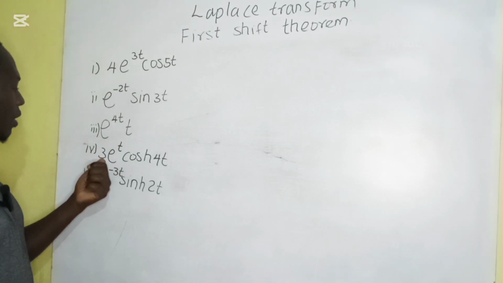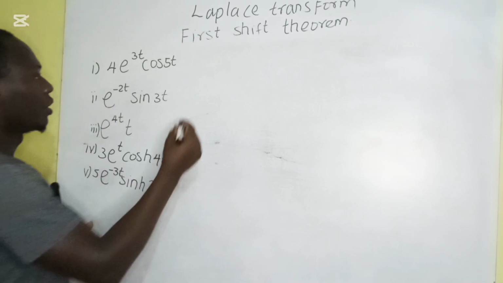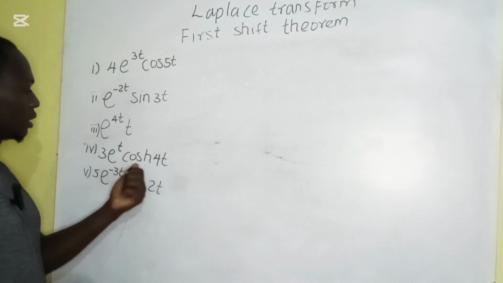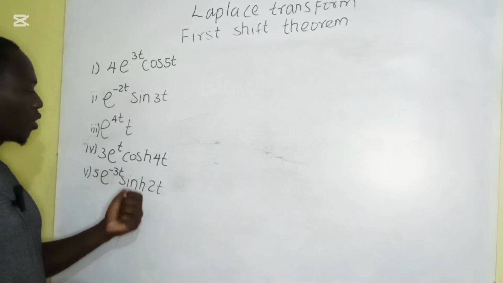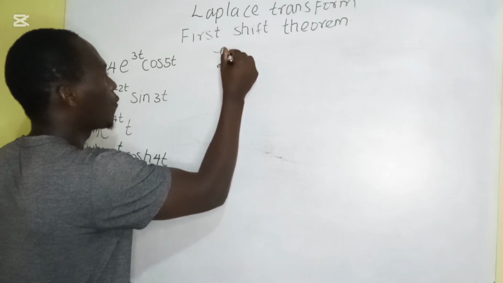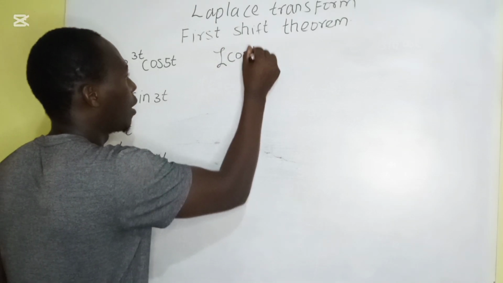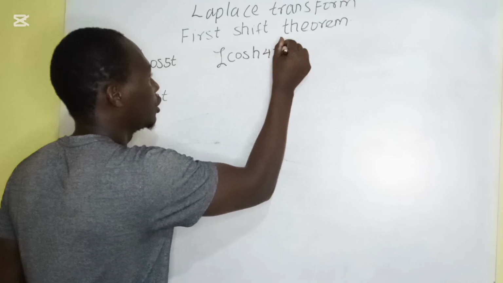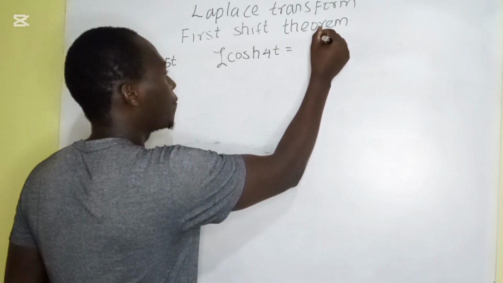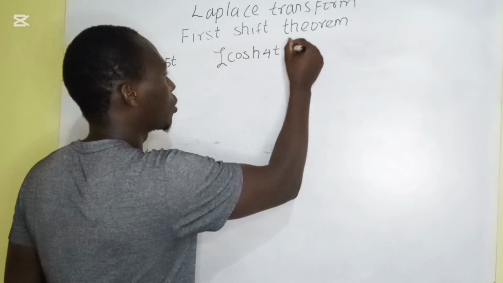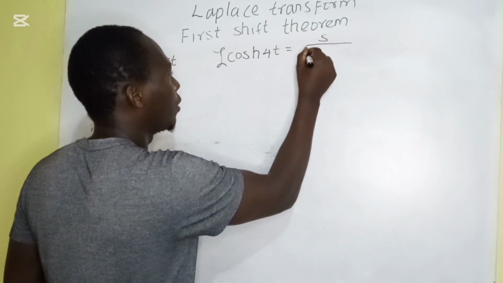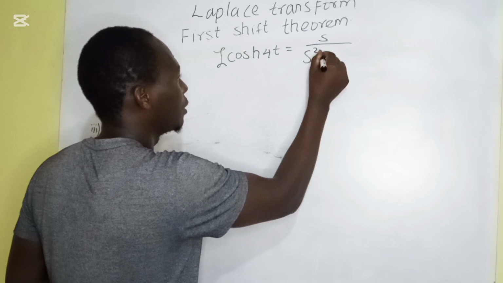Let us now do our shifting here. First, we are going to carry out the Laplace transform of cos hyperbolic 4t. The Laplace transform of cos hyperbolic 4t is equals to, we are going to have for cos, s all over s squared.